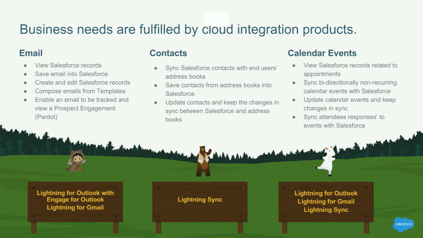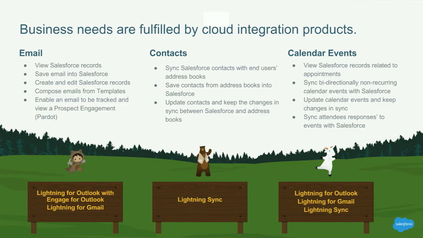Applications such as Lightning for Outlook, Lightning for Gmail, and Lightning Sync will provide that additional boost in productivity. Sales reps can, using Lightning for Outlook and Lightning for Gmail, for example, have access to Salesforce records directly from within the email applications. Not only that, but they can also save emails to Salesforce.